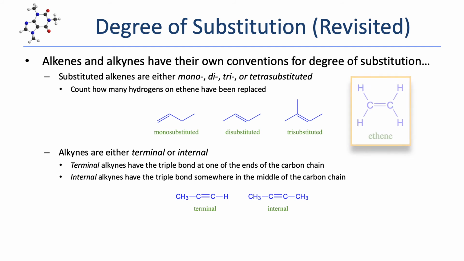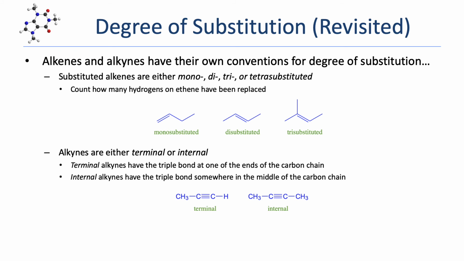If you think of ethene, it's simply a carbon-carbon double bond where all 4 of the groups attached to the carbons are in fact hydrogens. So if you look at this first example, this is considered a monosubstituted alkene, because to make this molecule, we would have to replace one of the hydrogens on ethene with a carbon group, in this case, with an ethyl group. Now, it's called monosubstituted even though it doesn't have any substituents in the name.